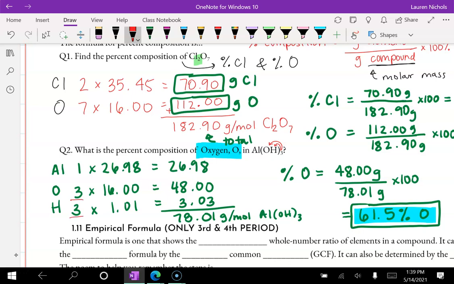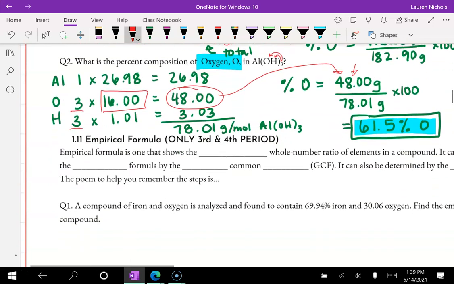You should have had 3 of each of those. Another common mistake is here, instead of using the number 48, you might have used 16, which is the molar mass. But remember, you have to use the total amount of oxygen in your molar mass. Those are your most common situations.